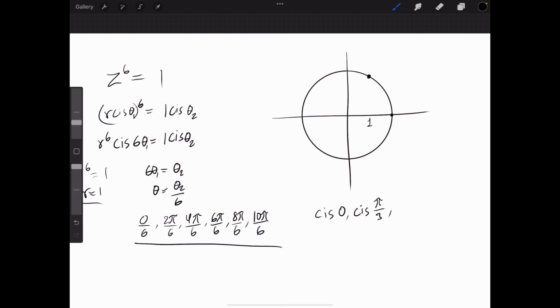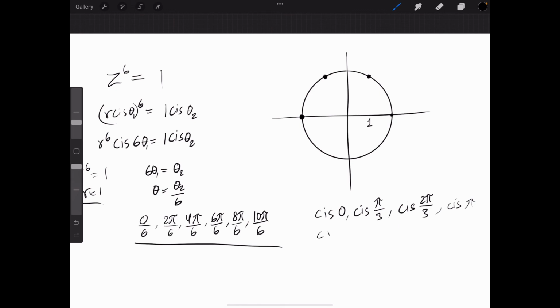Cis of 4 pi over 6, which is 2 pi over 3, which is right about here, I think. Yeah, something like that. So then cis of 6 pi over 6, which is just pi, and pi is over here.